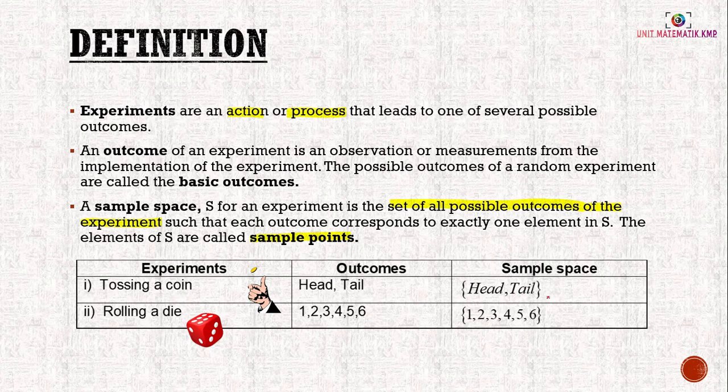So kita tulis head, tail, ataupun paling simple kita akan tulis HT lah selepas ni. Okay, so bila kita roll a die, kita ada 6 possible outcomes, which is number 1, 2, 3, 4, 5 and 6. So the sample space kita letak dalam bracket. So tulis kita punya outcomes. So each element dalam sample space ni kita panggil dia sample point.